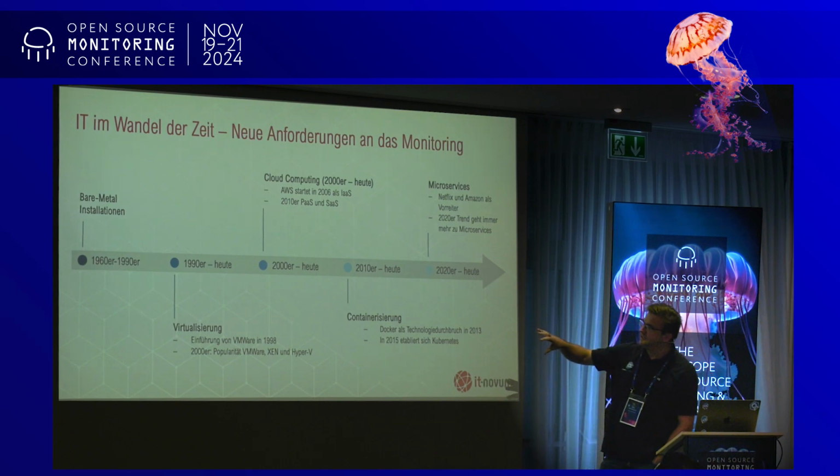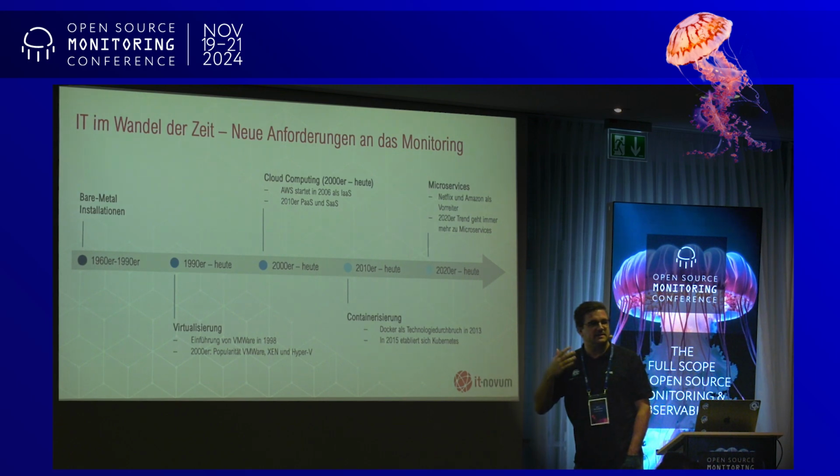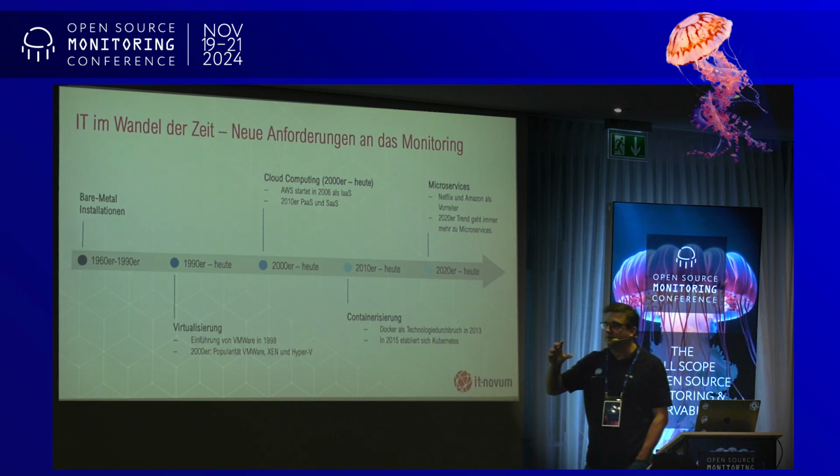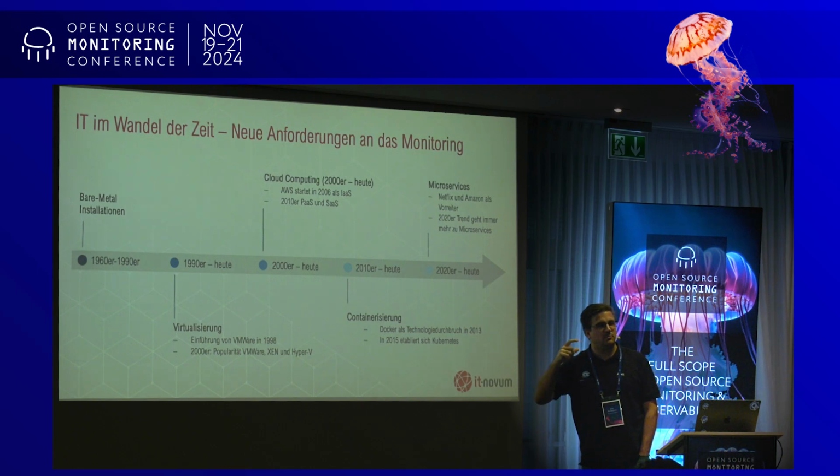Then we get to the next step, virtualization, and it's becoming more complex. If you have your VMware, then you don't know where the application or the host is running. You need to adapt your monitoring, because it can run on this host or that host, and it can be moved to another host.